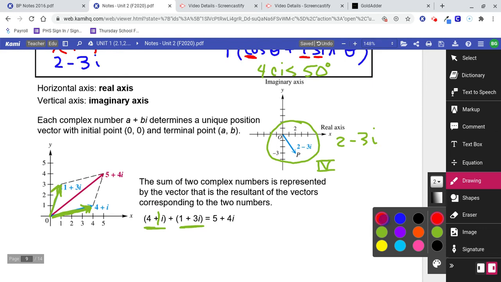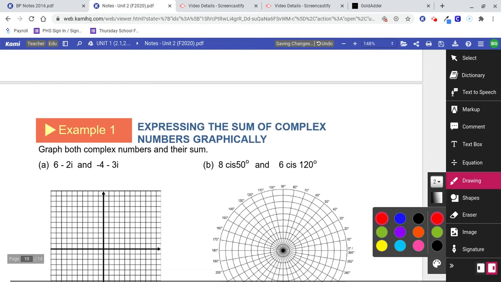But then they show you how to add, but it's really simple because you're just adding the like terms. 4 plus 1 is 5. 1i plus 3i is 4i. The sum right here, 5 plus 4i. So they're just showing you how to add two vectors, like so.